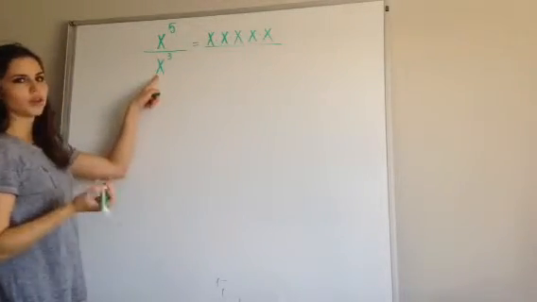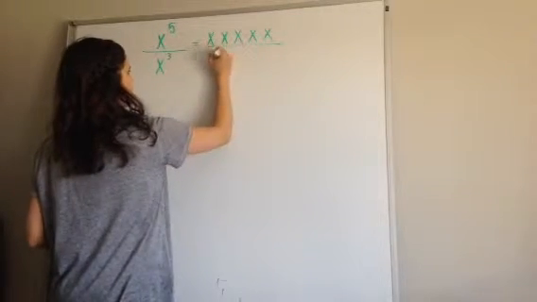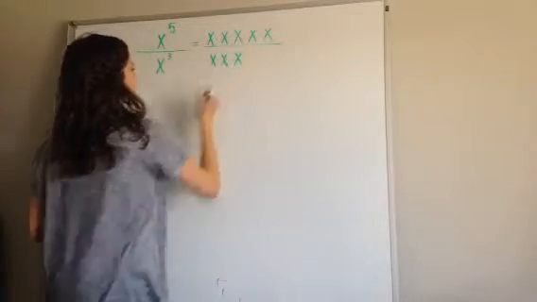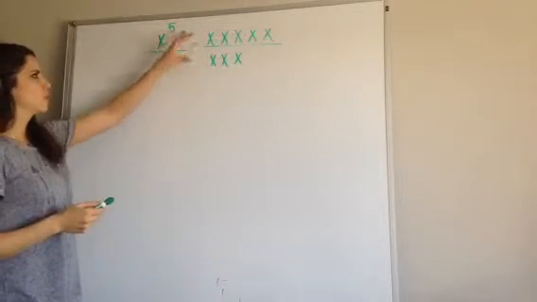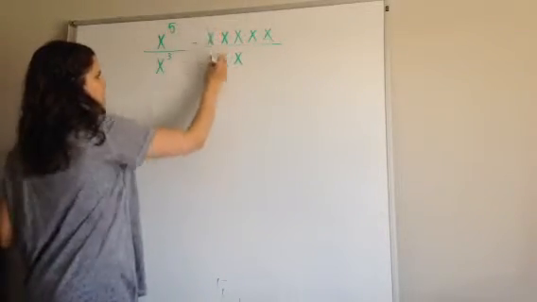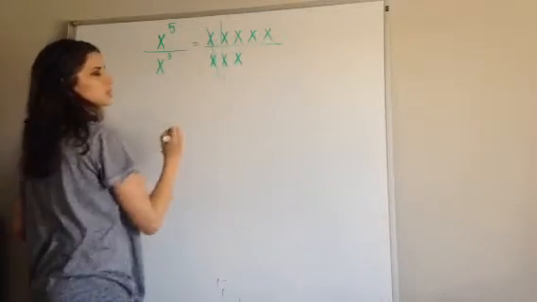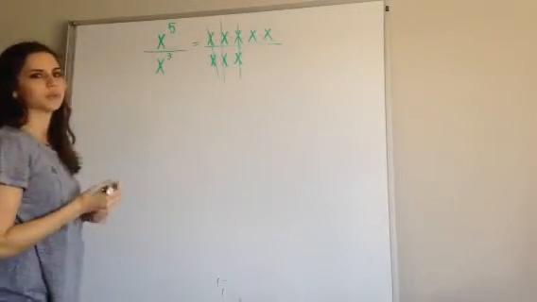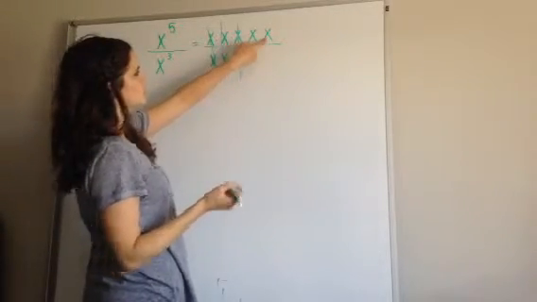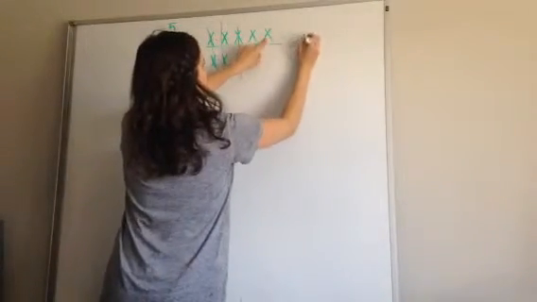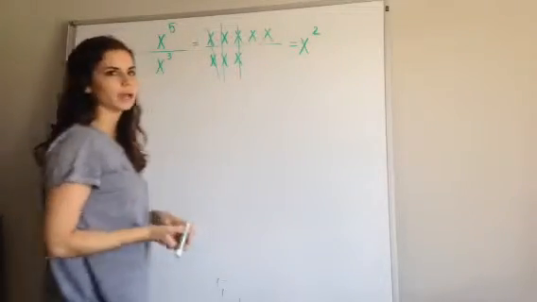Okay, and then x to the third, that's just going to have 3 x's. So 1, 2, 3. And when we're dividing, we can cancel out 1 for 1. So these x's are going to cancel each other out. These x's will cancel each other out. And these x's will cancel each other out. Which leaves us with 2 x's. So x times x is just x to the second, or x squared.